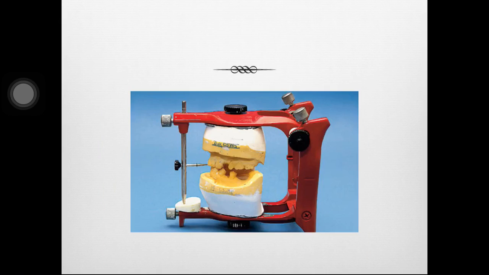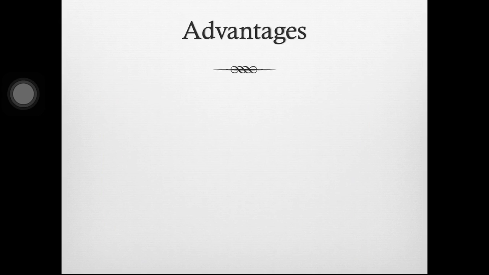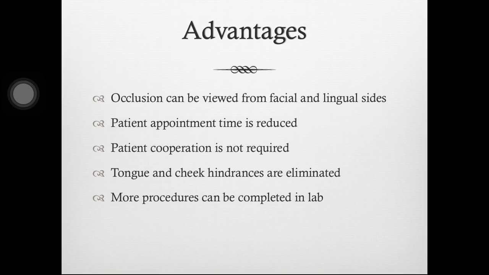This type of freedom is only possible on an articulator and not in the patient's mouth. So articulators are very helpful in this way. In articulators, occlusion can be viewed from facial and lingual sides, one of the very advantages.